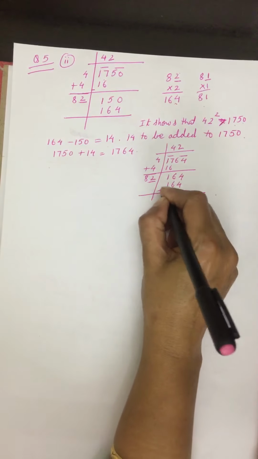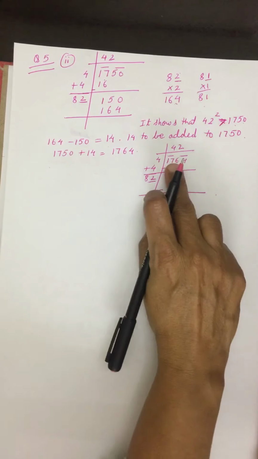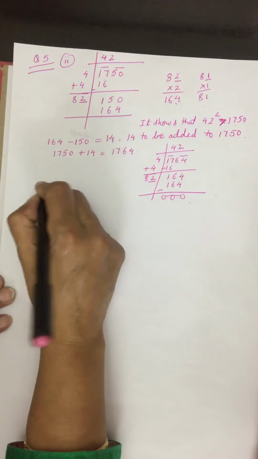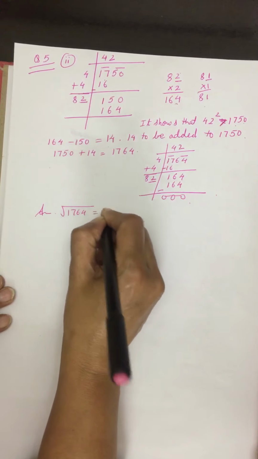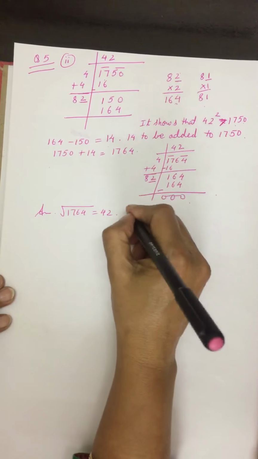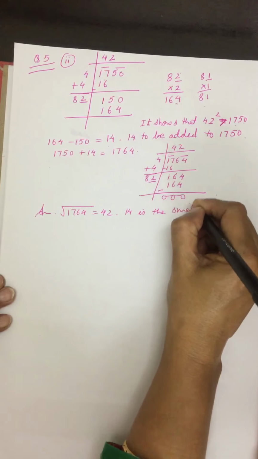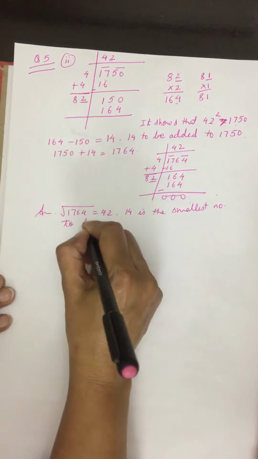So when you subtract it, you will get remainder 0. It means now it is a perfect square. So what answer are you going to write? The square root of 1764 is 42. And how much to be added? 14 is the smallest number to be added.